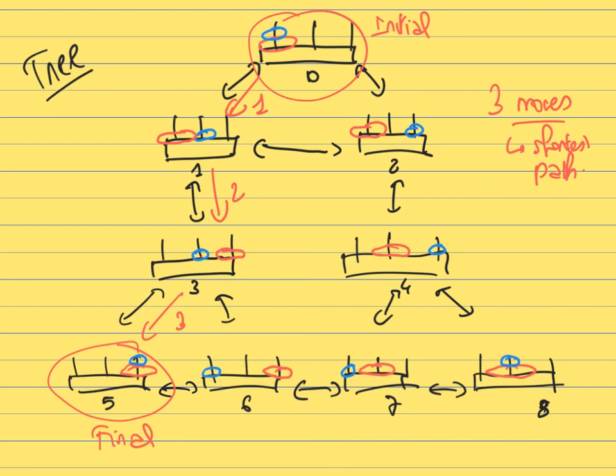They will be very fast at going from the initial to the final state, so they will be very fast at solving the problem, but maybe they will not have taken the shortest path. Some algorithms will take longer to run, but they are guaranteed to give you the shortest path. So different algorithms have different strengths and different drawbacks, and that's what we're going to see in the next lecture.